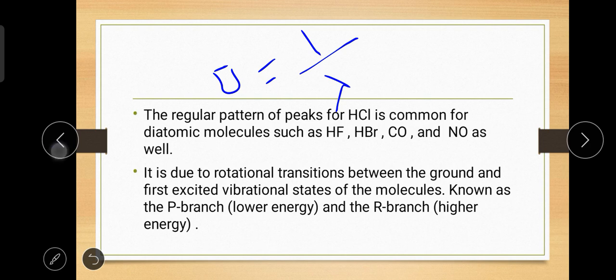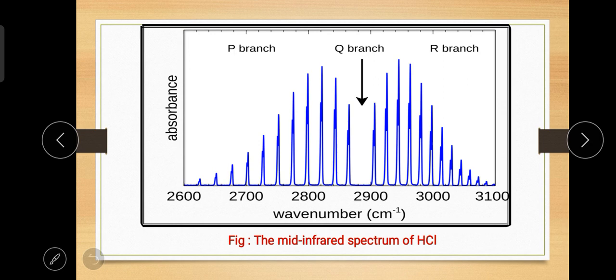So here in this spectrum, we have a lower wave number for the P branch, which implies that we have a higher lambda. For the lower wave number, nu bar, we have a higher lambda because they are inversely related to each other. And for the higher wave number we have a lower lambda.